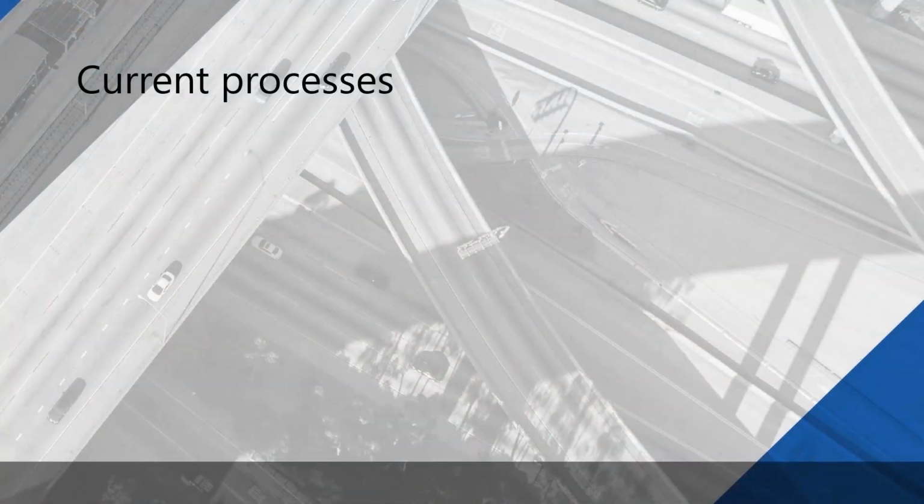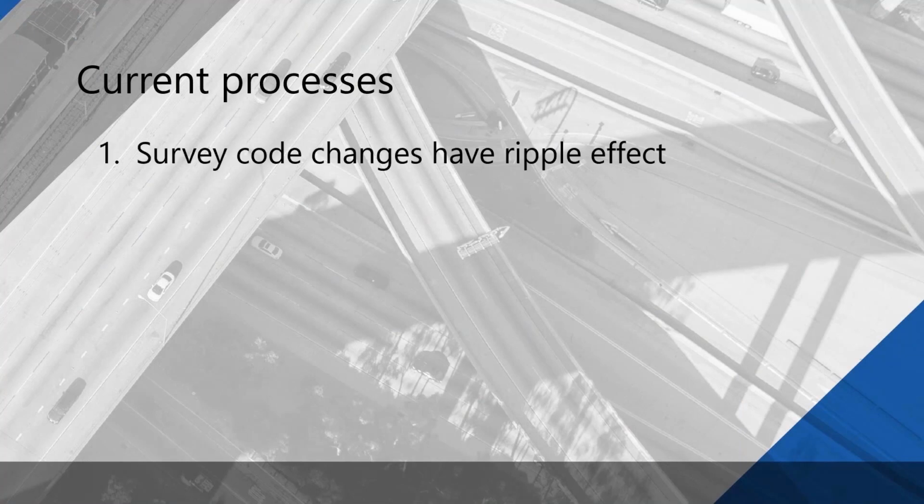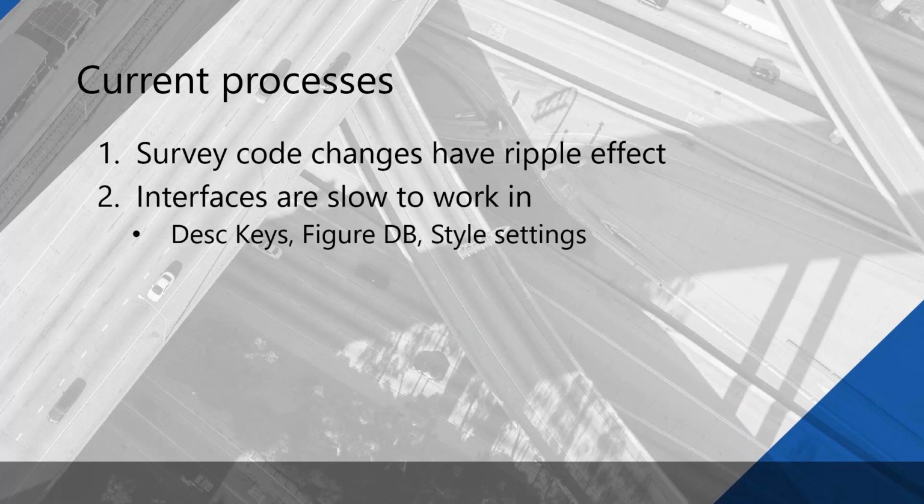So what I wanted to talk about first is, what do current processes look like for managing standards in your survey templates? A lot of it is built around the survey codes, so topo codes, for example. Changes in those can have a big ripple effect across your standards, be it in your description key sets or what have you.